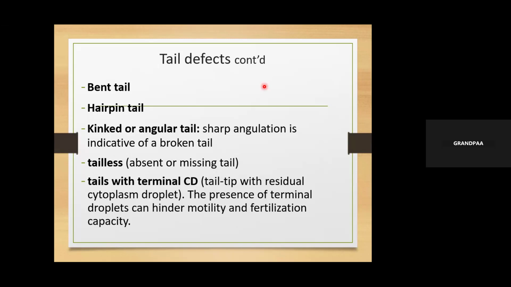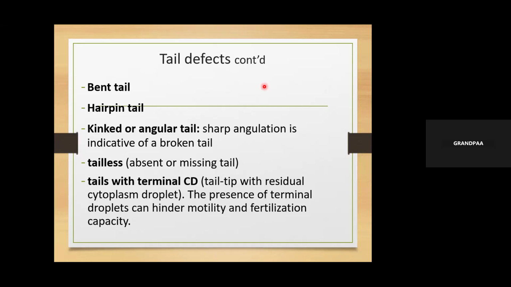It's like they have curved in a manner that is not an ordinary curve. It is not an ordinary turning or coiling, but rather angulated. Okay, and that means that the flagellum, and for that matter the tail, is broken.